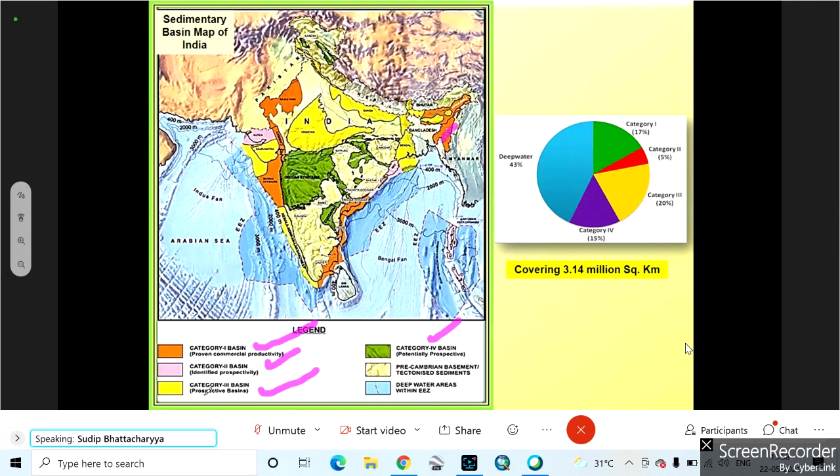Category 2, the identified prospectivity, is already proved but commercially not started. These are the areas in pink, here and here also, and some parts over there. Then category 3 is the yellow parts, prospective. Category 3 means this one, here, and here also this one.